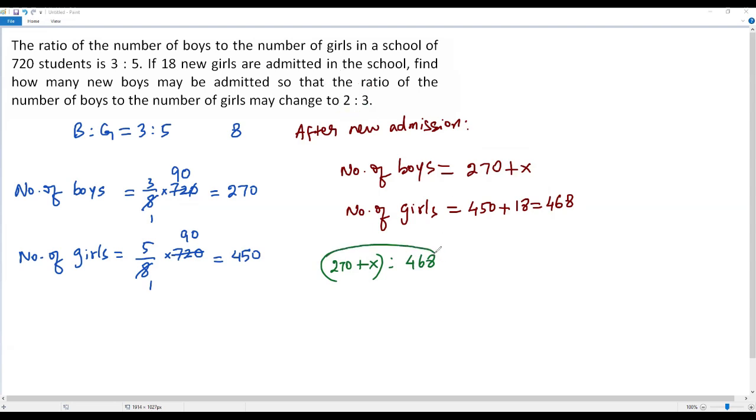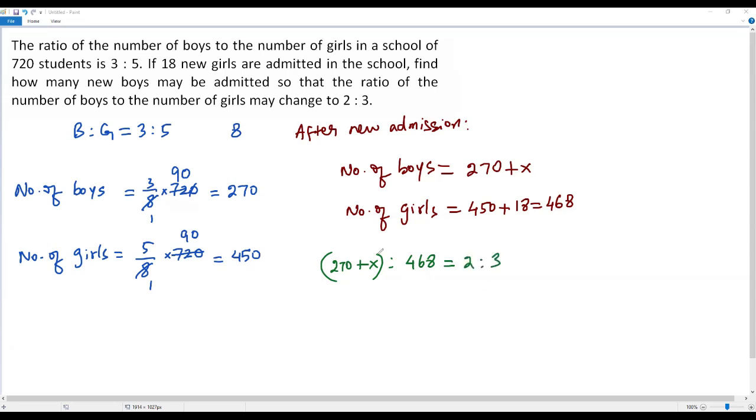Both ratios represent the same thing, the ratio between boys and girls after the new admission, so we can equate them.